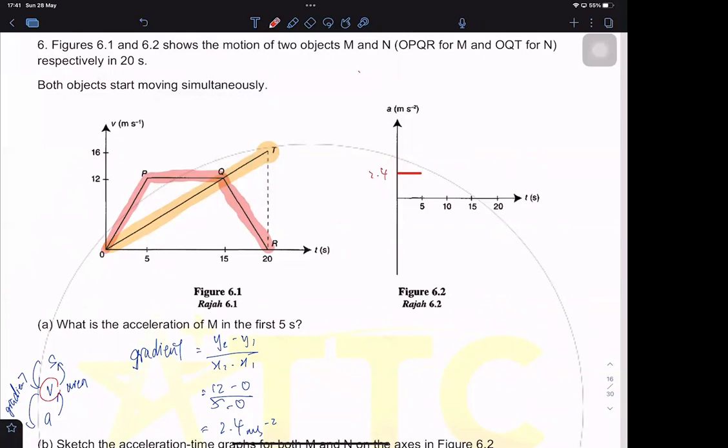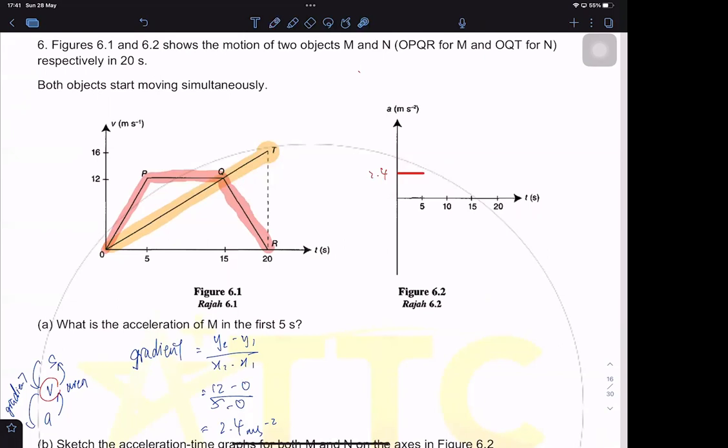For the first 5 seconds, the Malaysia car is 2.4. Now for the next 10 seconds, meaning from 5 to 15, what is happening here? You look at the velocity. The velocity is 12, 12, 12, 12, 12. That means he's maintaining the same speed.